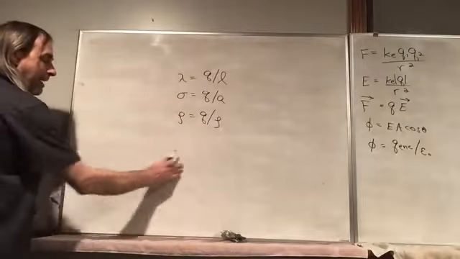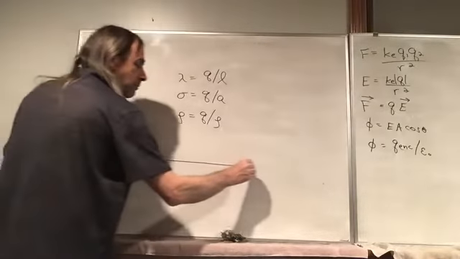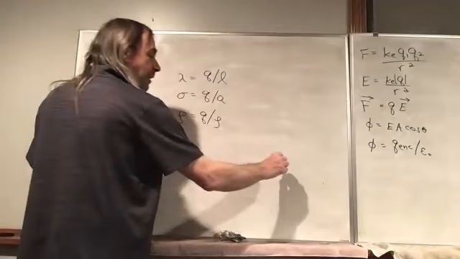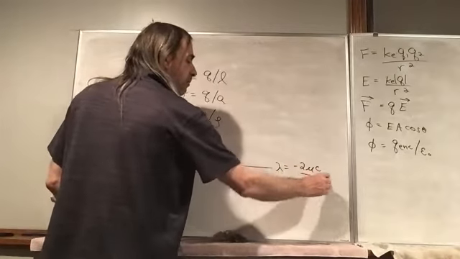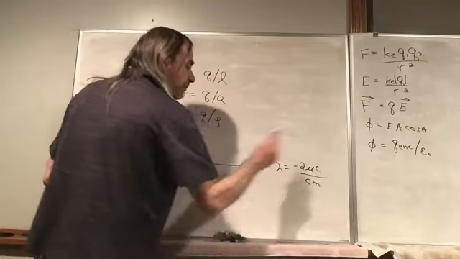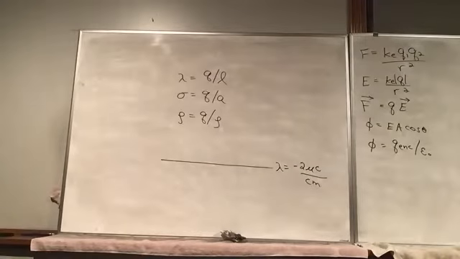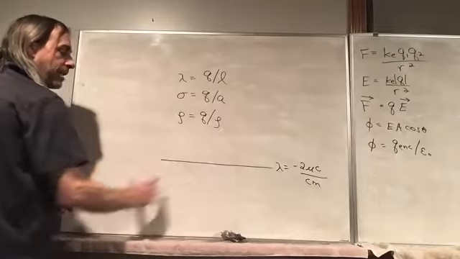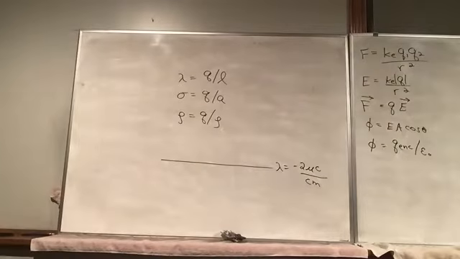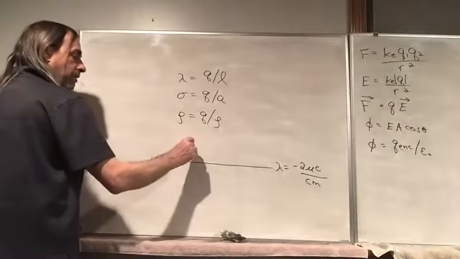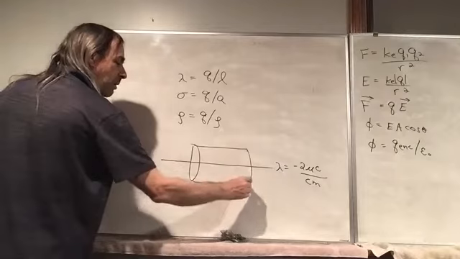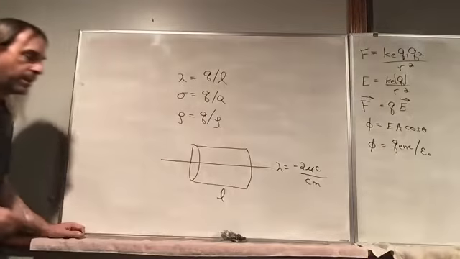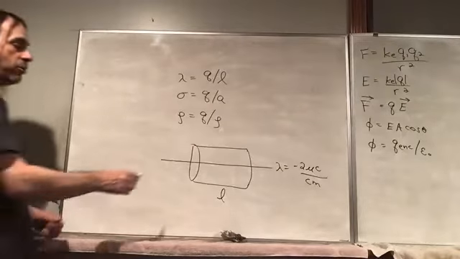Say you have a line of charge, and you could have the charge density, let's say minus 2 microcoulombs per centimeter. That means if you have a 1 centimeter section of this line, the charge would be minus 2 microcoulombs. If you make a Gaussian cylinder around this, say with a length L, you could find the charge enclosed.